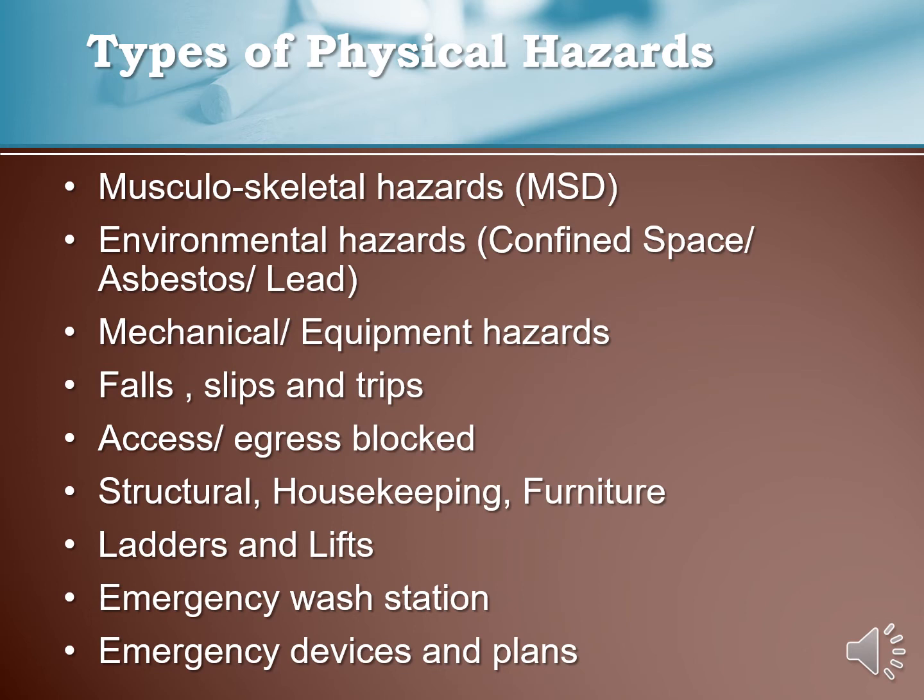Environmental hazards, such as confined spaces, asbestos or lead in the workplace, which may have not been identified, or physical or energy hazards, such as radiation, noise, extreme temperatures, insufficient or excessive lighting.